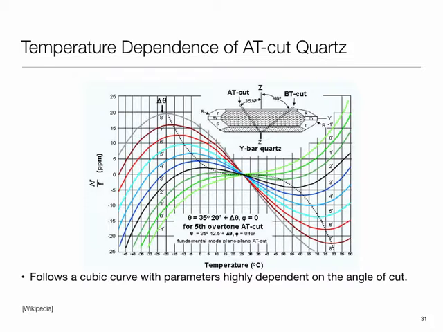And with temperature, I have a change, and these curves are defined by a cubic phenomenon. So any given crystal that I have would lie on one of these curves, and the process to learn the characteristic then boils down to measuring the stability of my crystal at a few different temperatures, so that you can learn the parameters of a cubic curve.